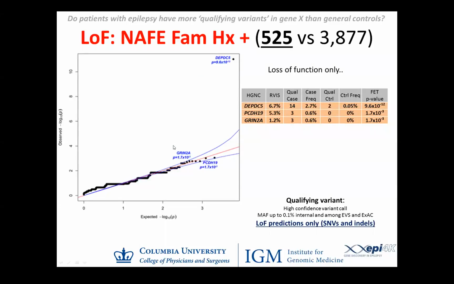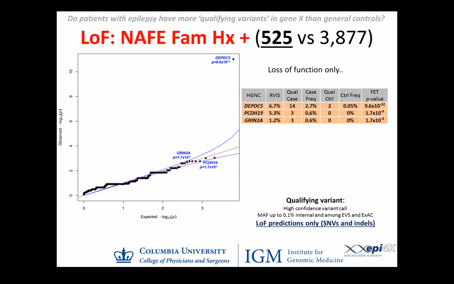The other interesting thing within the non-acquired focal epilepsies is that when you focus just on loss of function alleles, what you find is that for a gene like DEPDC5, it is crystal clear that the major signal driving the DEPDC5 enrichment that we saw in the ultra-deleterious results was on the basis of loss of function alleles.